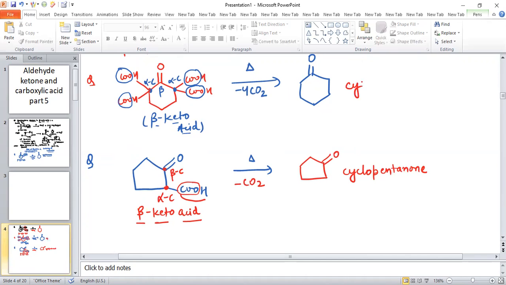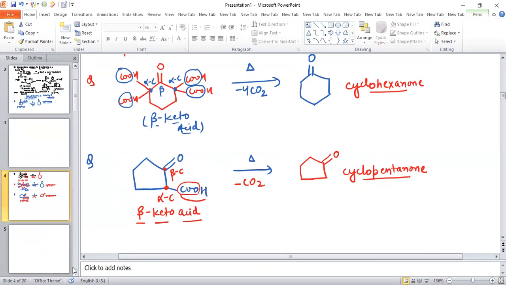And this is basically cyclohexanone. These compounds are obtained. So this is the heating of beta keto acids, and this is a very important reaction. You people should know this.